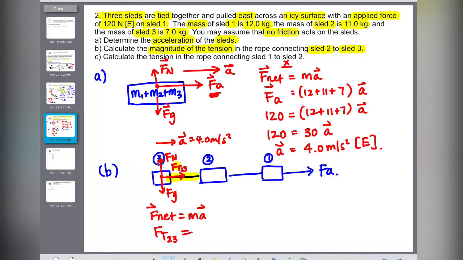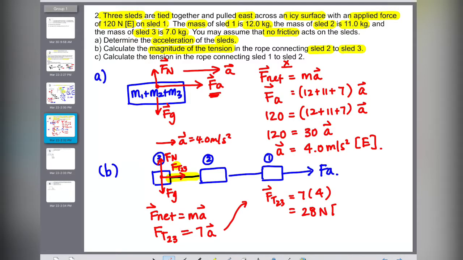It equals M, the mass. I'm studying object number 3, so I'm going to use the mass of the 7 kg. And I know that the A is 4. So Ft23, force of tension between object 2 and 3, equals 7 times A, which is 4. So this worked out to be 28 newtons.